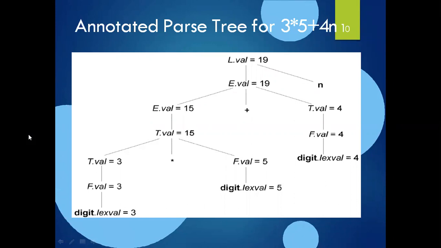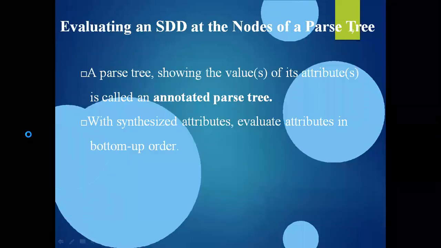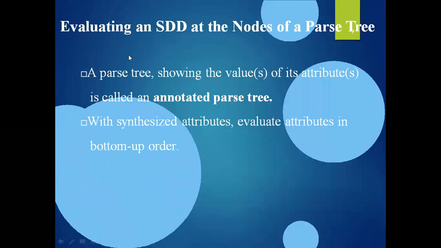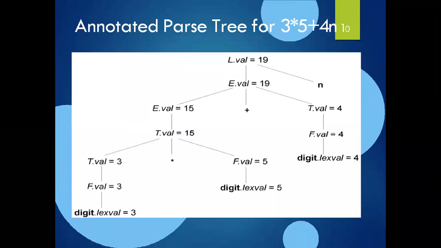And the third step to be followed is, the value obtained at the root node is the final output. What is the root node of the given grammar? From the given grammar, the root node is L. The starting symbol of the given grammar is L, right? From the annotated parse tree, the value is obtained at the root node.